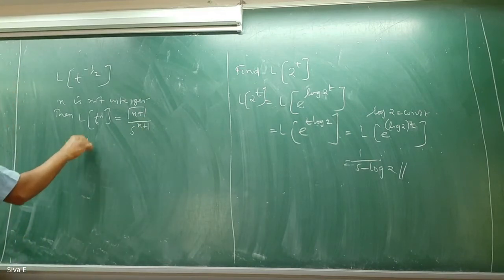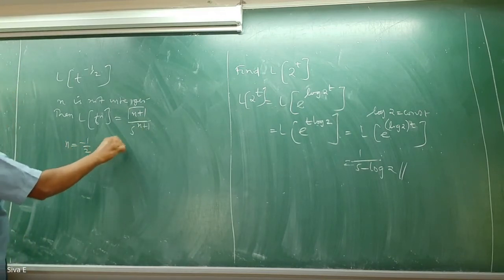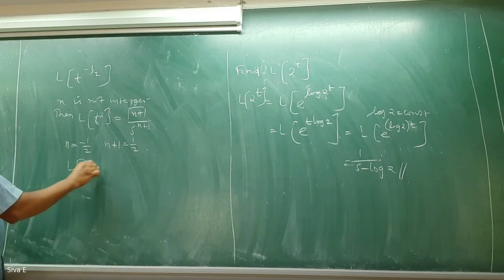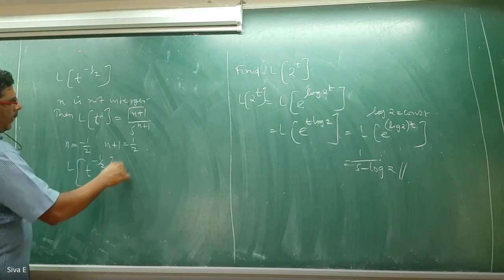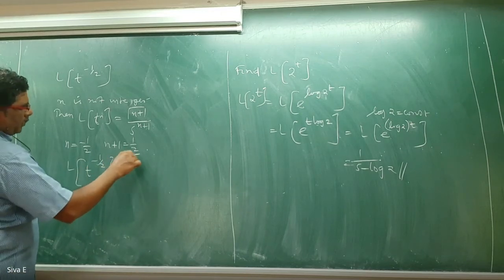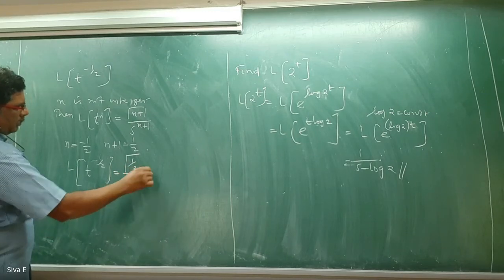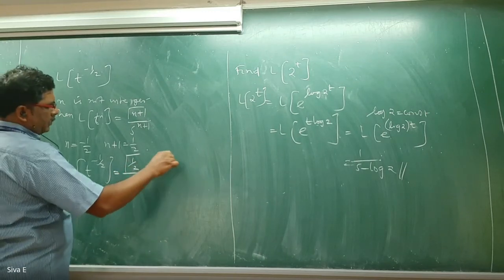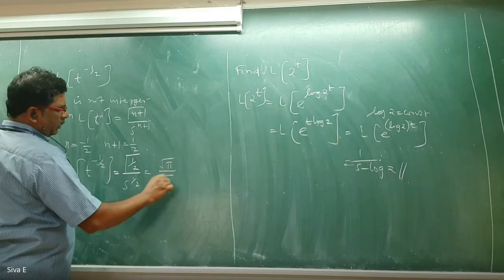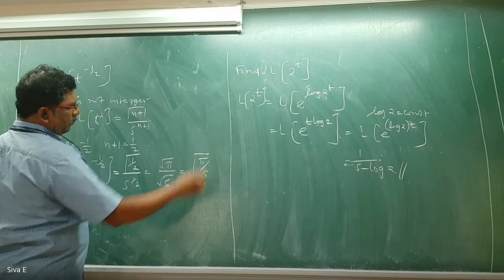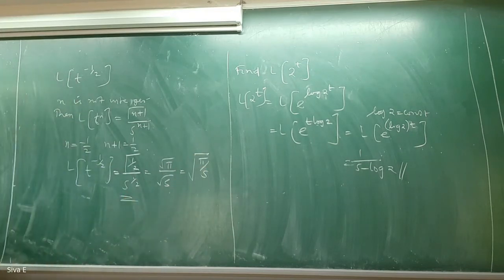When n equals minus half, n plus 1 equals half. Therefore, Laplace transform of t power minus half equals gamma of half divided by s power half. Gamma of half is root pi, so root of pi by s is the answer.